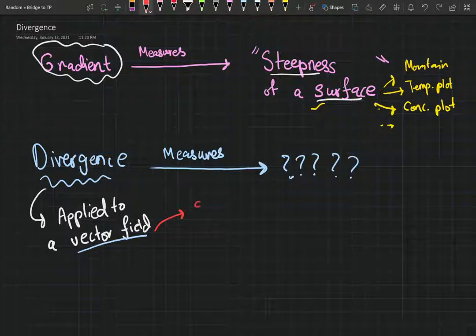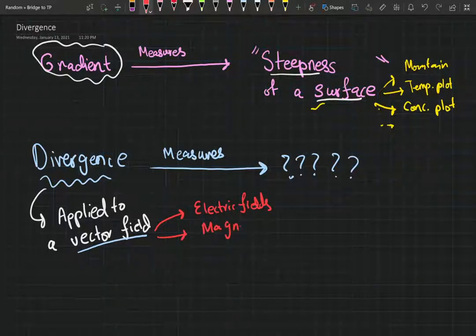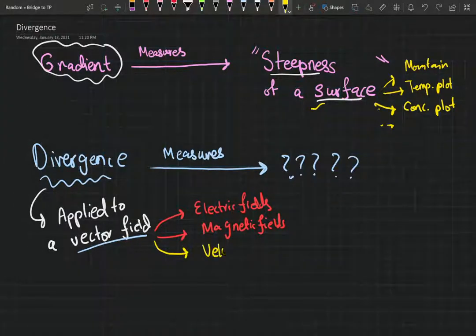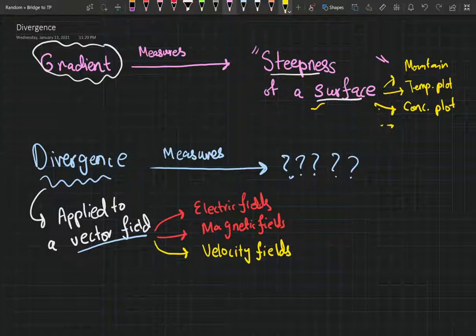you can have electric fields. If you're an electrical engineer, you can have magnetic fields also. And the subject that we would be interested in is going to be velocity profiles, velocity fields. This is gonna be the star of our discussion.